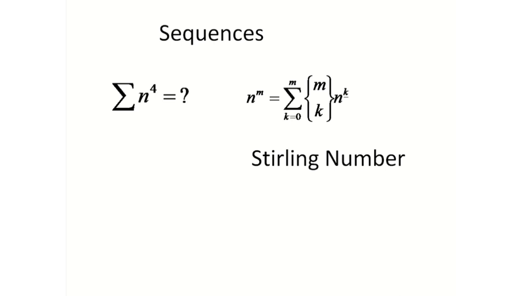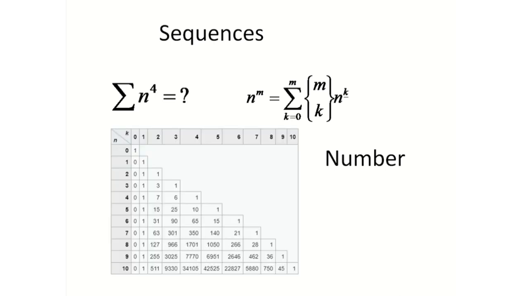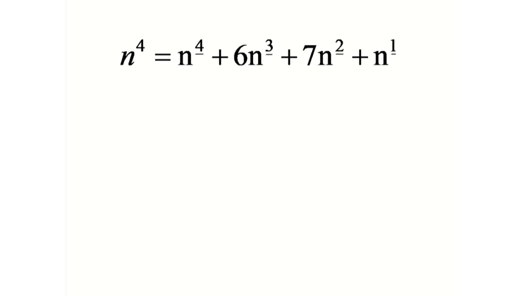So if we want to write n to the power 4, you can see in this image of Stirling numbers that for n equals 4, we have to look at the fourth column and use these numbers as coefficients. So we can write, using this table, n to the power 4 as a sum of factorial powers.